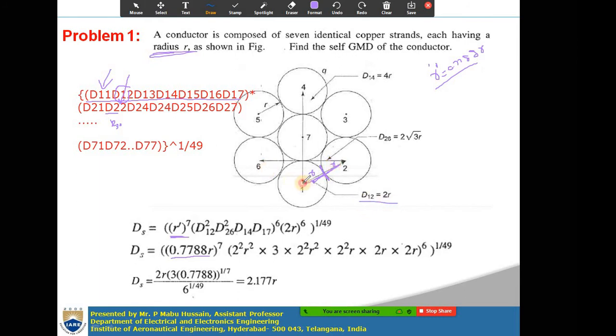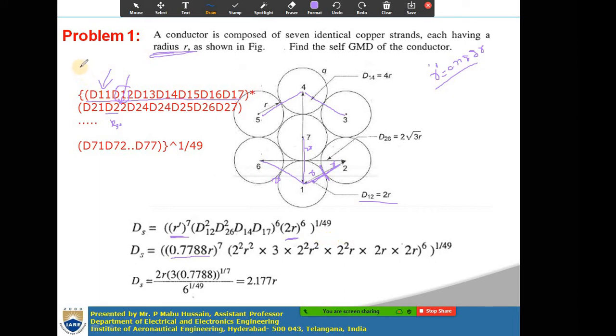In a similar way, distance D16 is also 2R, distance D17 also 2R. Then distances D45, D34, D47 are all 2R only. As there are 6 terms, you may get 2R whole to the power of 6.